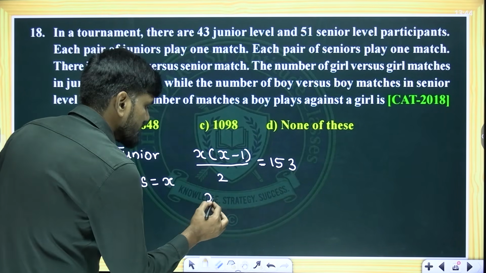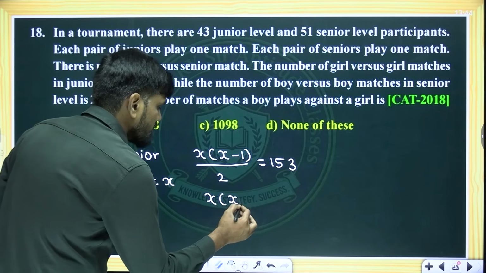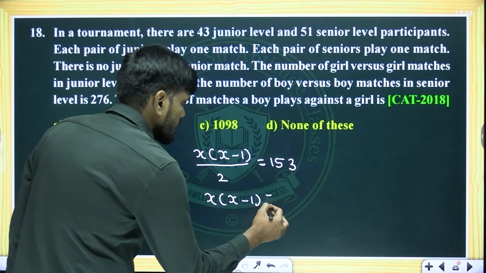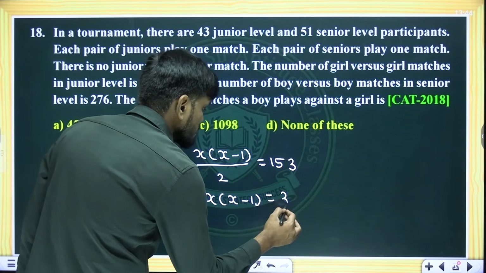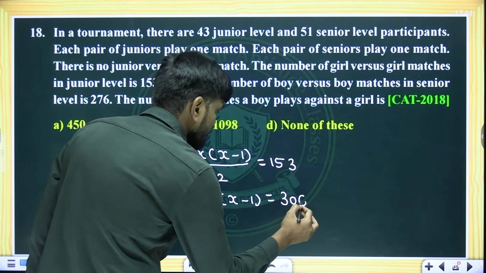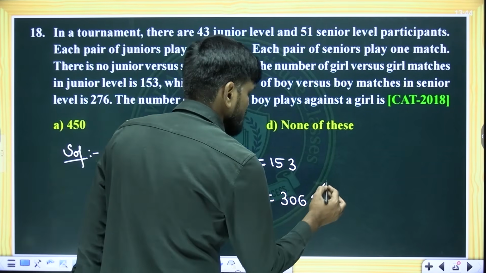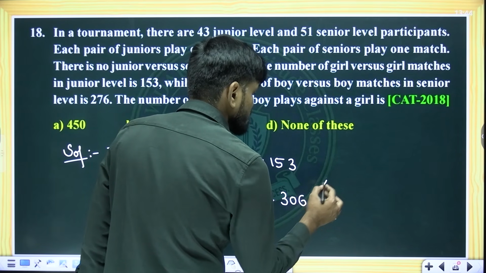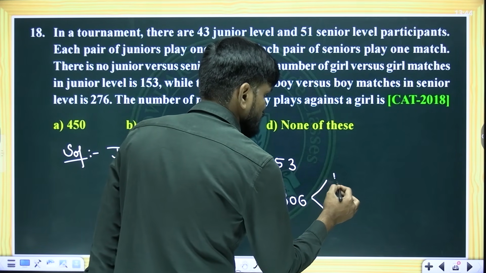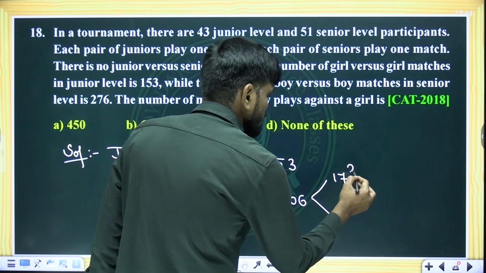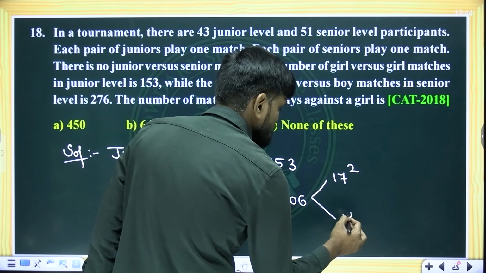From this I can say X into X minus 1 is equal to 306. From this I can say that this 306 is lying between which two squares? 17 square and 18 square.